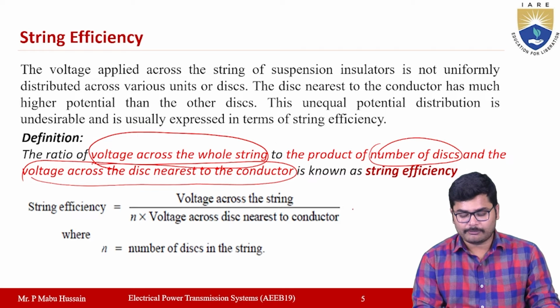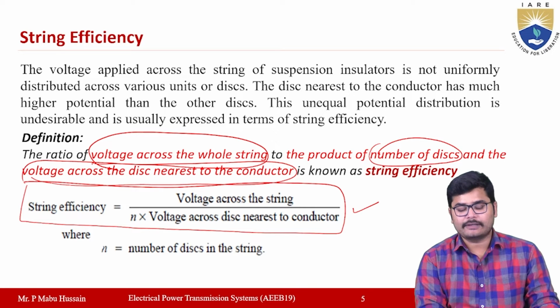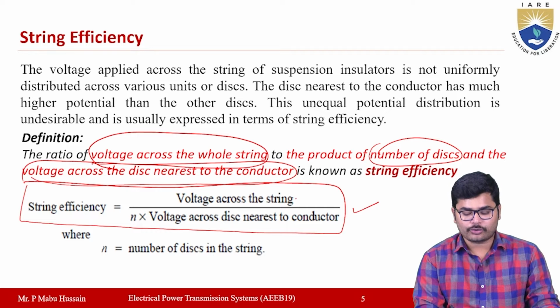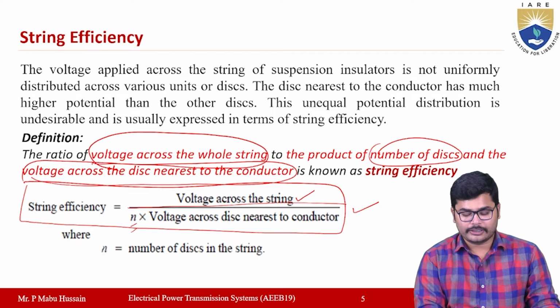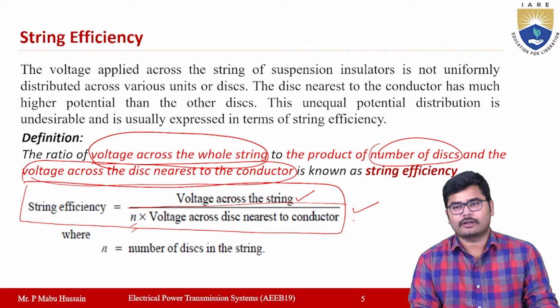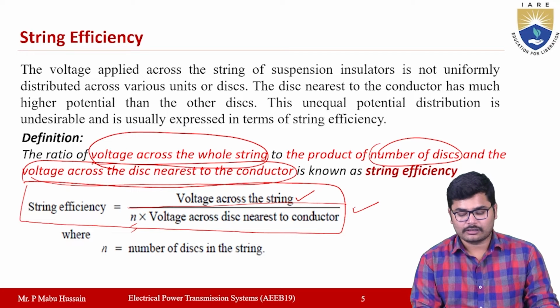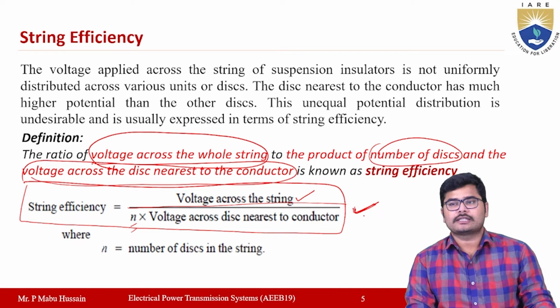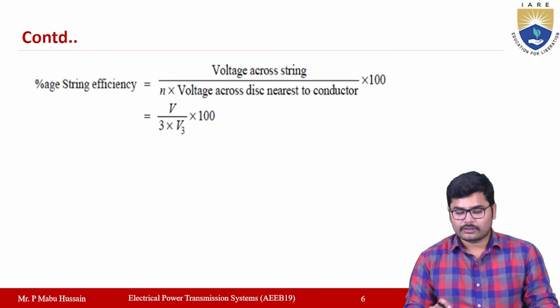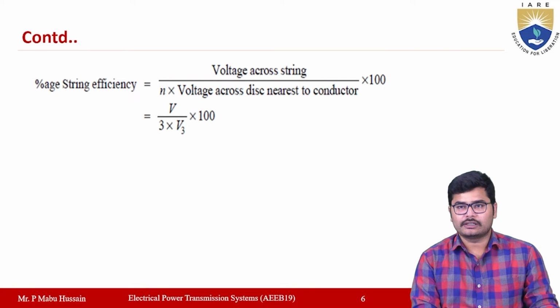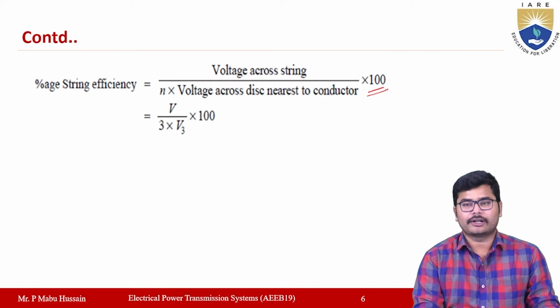In simple terms, string efficiency is equal to the voltage across the total string divided by N, the total number of discs connected in series, times the voltage across the disc near the conductor. This is the expression for determining the string efficiency. If you want the percentage of string efficiency, this expression is multiplied by 100.